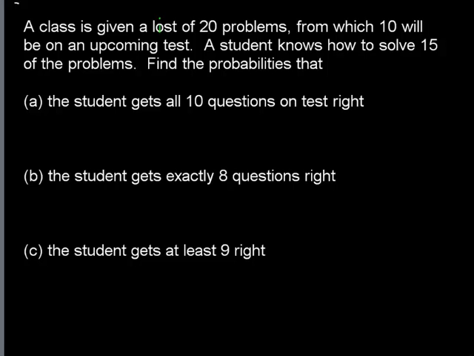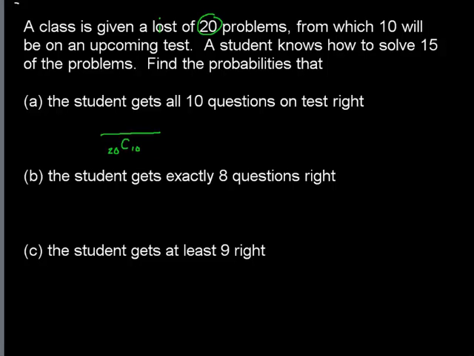So the first question is, what's the probability that we get all the questions on the test right? Well, again, on the bottom has to be the total options. So how many different total combinations of questions could the teacher put on the test? Well, that would be 20 questions that she has to choose from, and the teacher's going to choose 10 of them to be on the test. Now, the order that they put them doesn't matter.